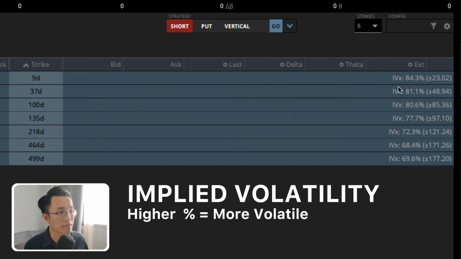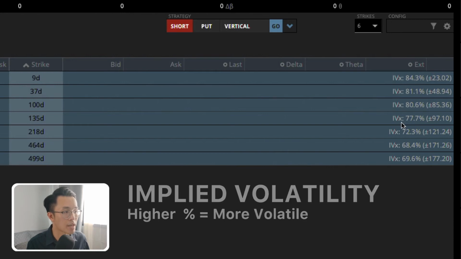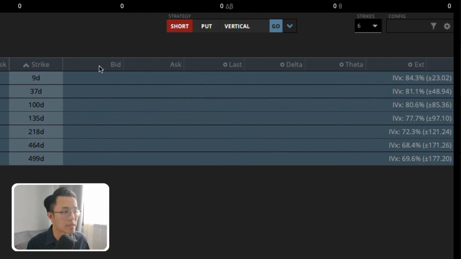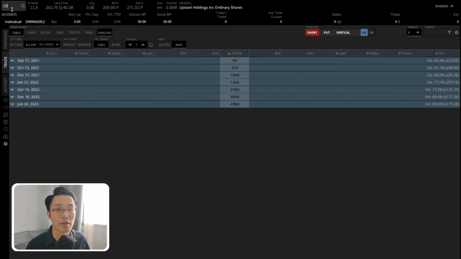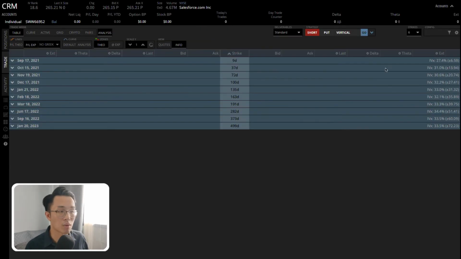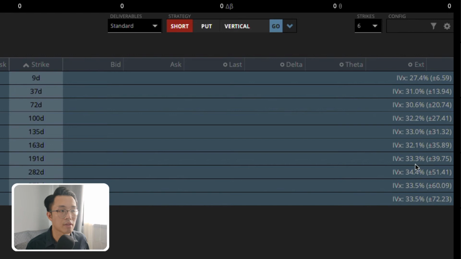As you can see, for Upstart Holdings, the numbers are around 80%, 70%, 60%. You come over to CRM and they are much lower, 20%, 30%. So this gives an idea of the general implied volatility of these options.